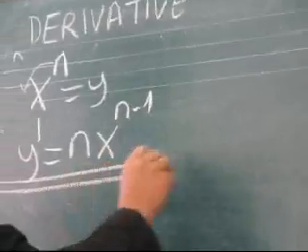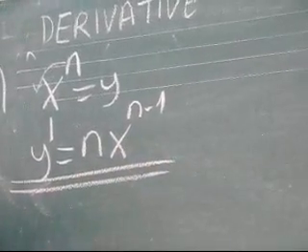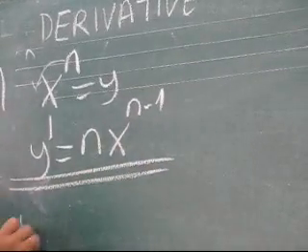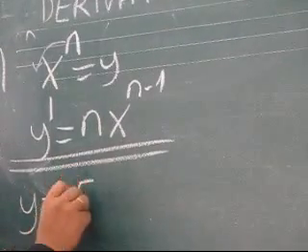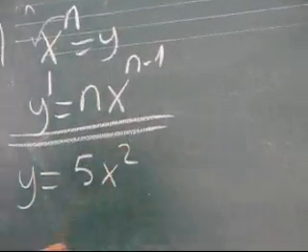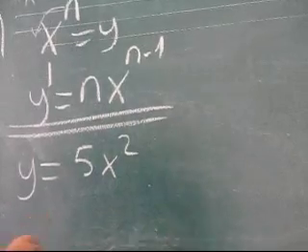It is that easy. Now, if we give a specific example, y is equal to 5x squared. What is the derivative of this function?